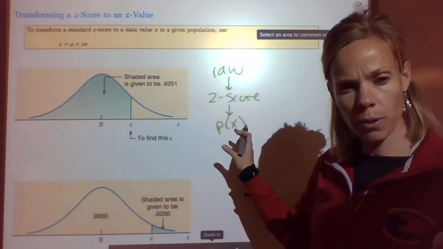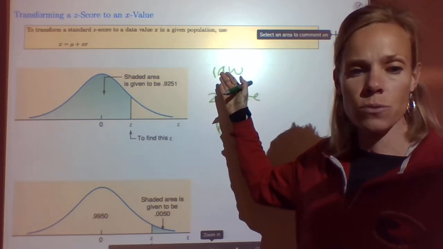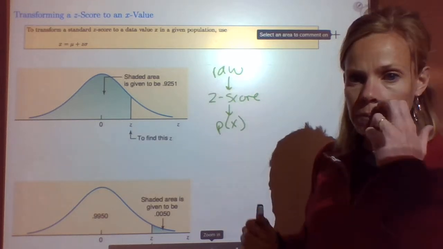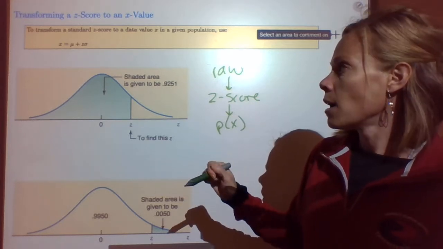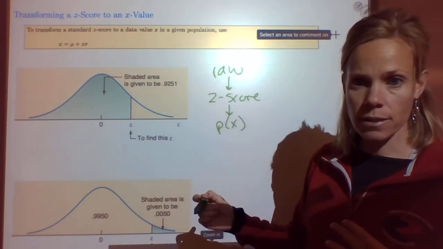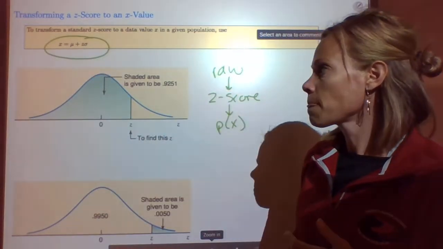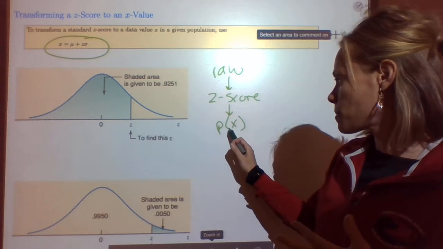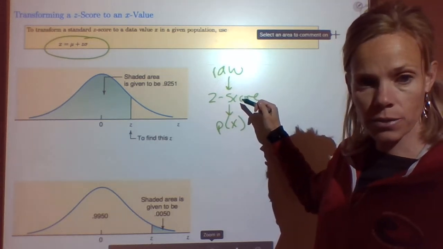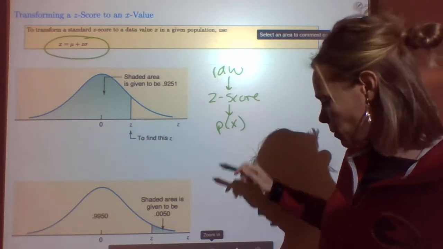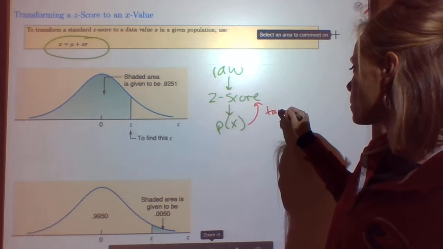Sometimes you know the probability, but you want to know what raw score gives you that probability. Okay, so to do that, you need to take the formula I gave you the other day and solve for x. And when you solve for x, you get this formula. So if I start with the probability and I find what z-score is that probability by using the table in the back of my book, to go from probability to z-score, I use the table.